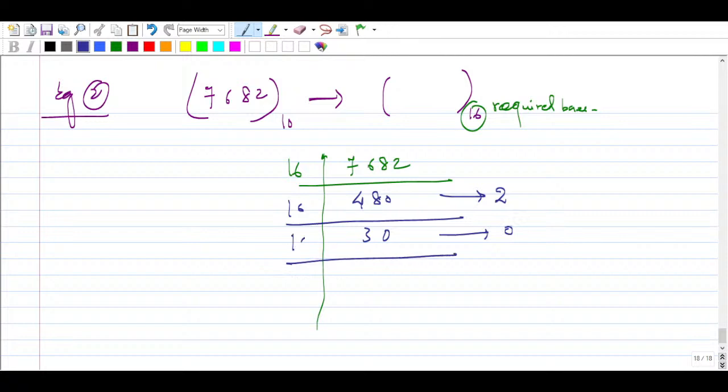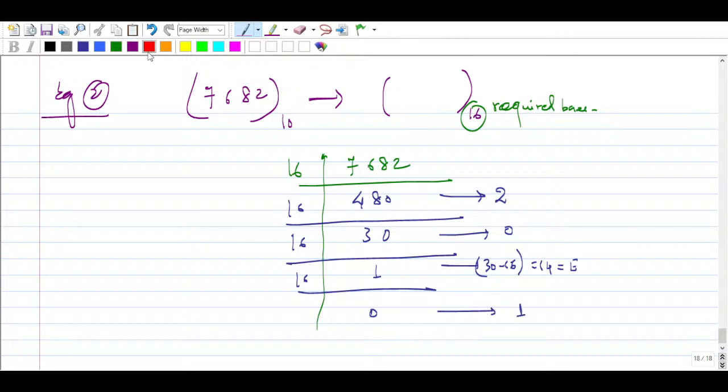Then 16, you can go only one time, so 30 minus 16 is 14, and 14 is equal to E. And then there is a 1. You don't have to go further. You will get here 1.